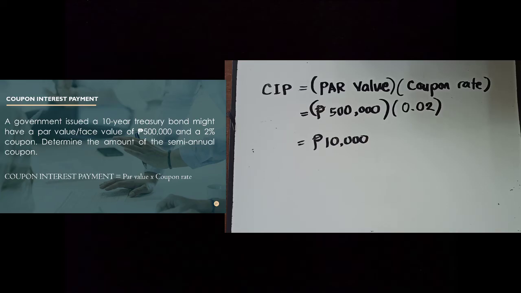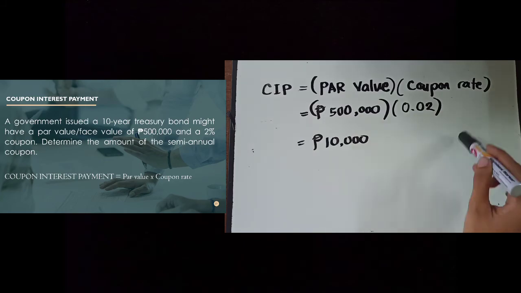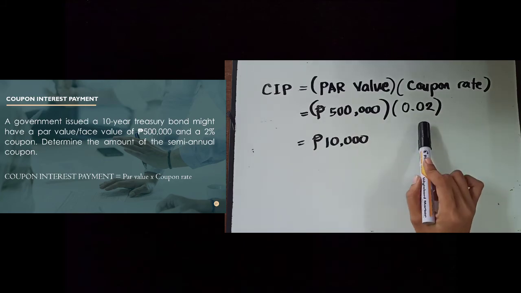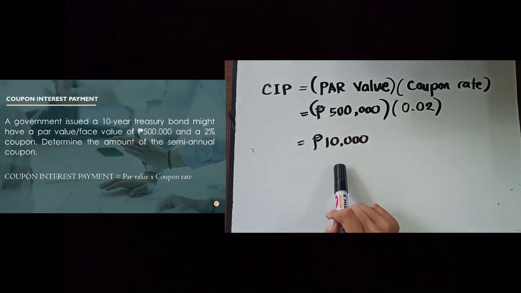But then, ang hinahanap kasi sa atin is determine the amount of the semi-annual coupon. Okay, so again, this 10,000 pesos is the coupon interest payment annually. Bakit po annually? This 2% coupon rate is an annual interest rate. So ibig sabihin, yung nakuha nating coupon interest payment is the annual interest payment. Ang hinahanap sa atin ngayon is the semi-annual coupon.